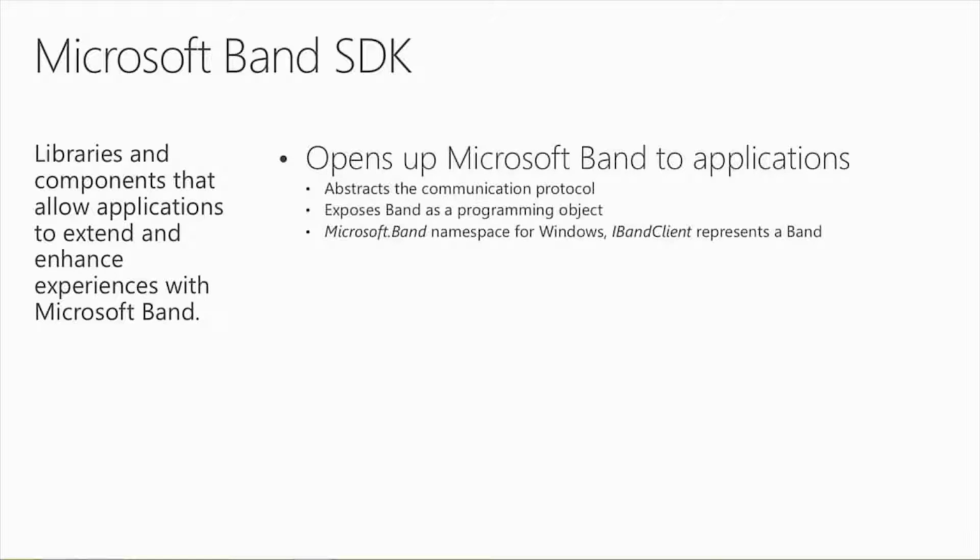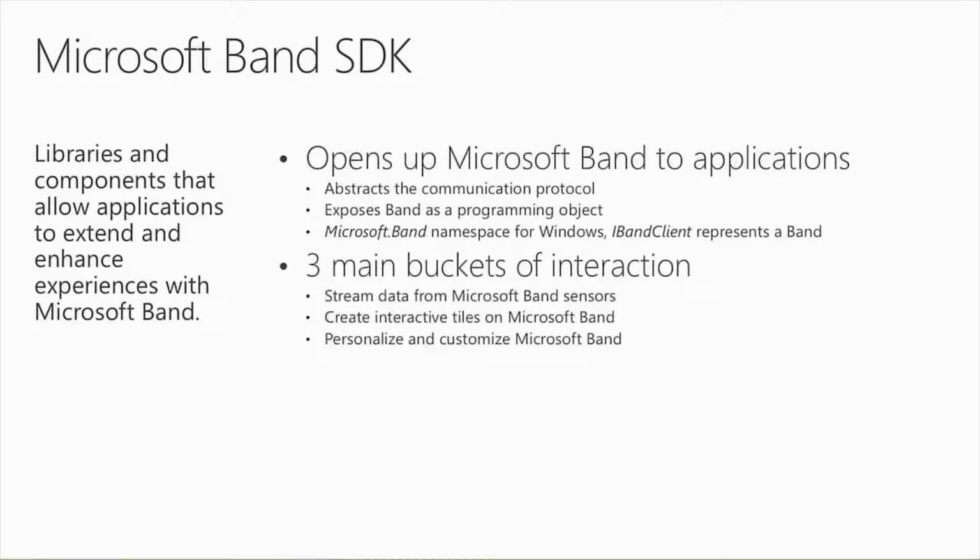So if you're writing some code, all you have to do is drop in a namespace and create a Microsoft Band client. Once you have the band client, you can just call functions on it and get data from the Microsoft Band. Once you have the band client created, there are three basic modes of interaction that you can do with the Microsoft Band.